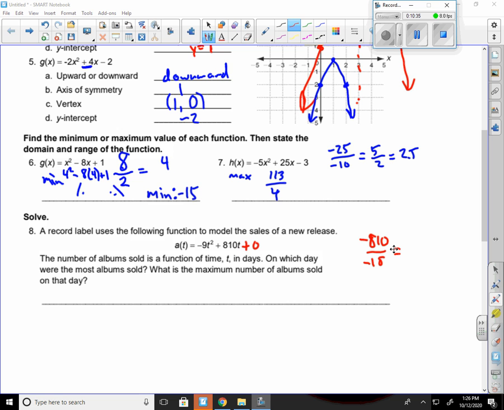That gives me 45. So that's the day that the most albums were sold. T equals 45. Because that's my vertex, and that's a max.